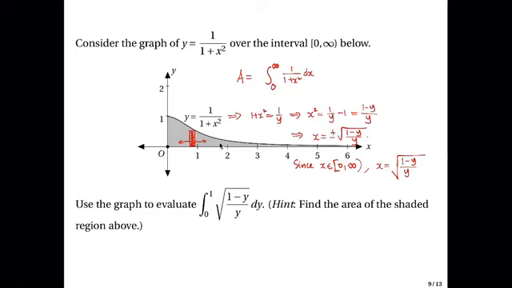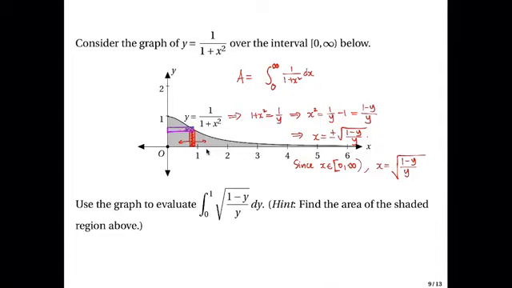Okay, but since from the beginning we have y in terms of x, and then we transformed it into x in terms of y, in order to get the area of the same shaded region using the variable y, remember, we use horizontal strips.